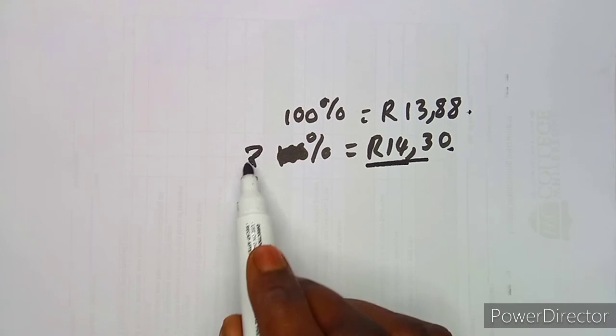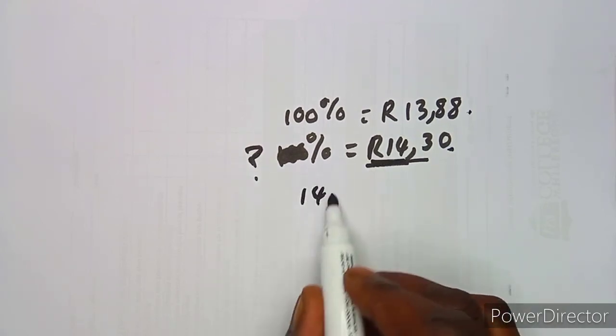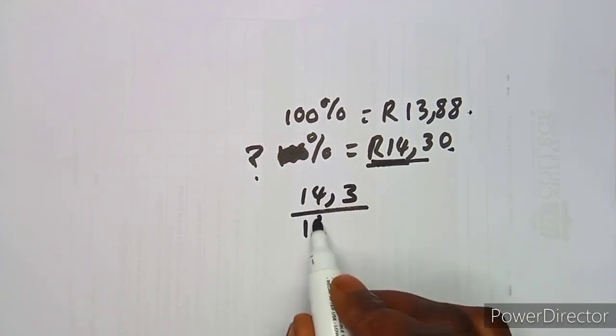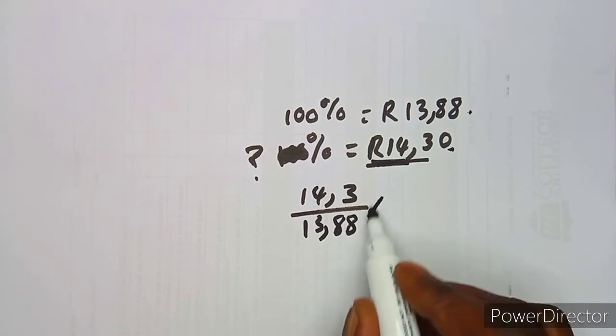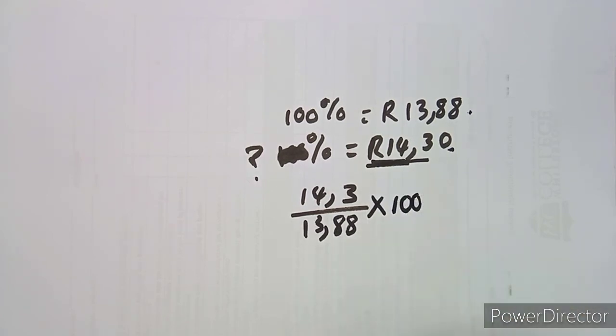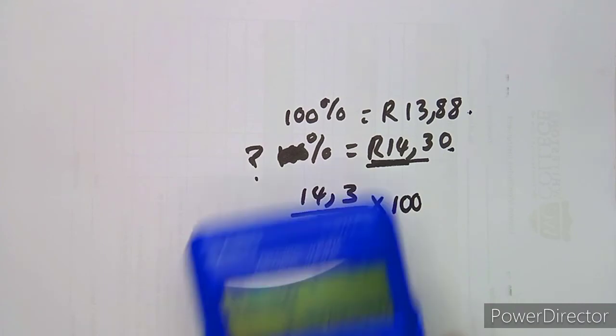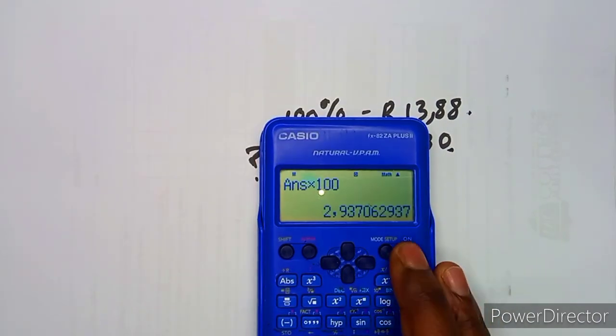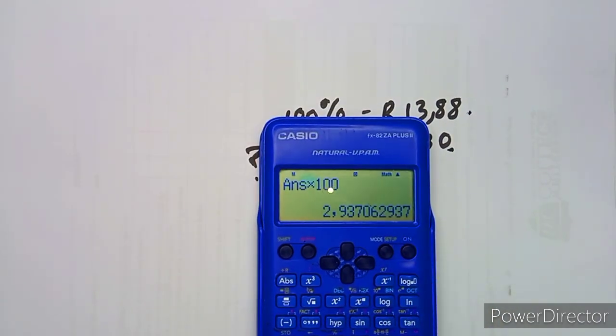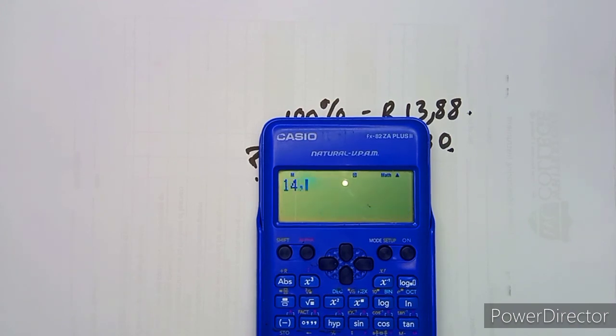So we want to know the percentage at this amount. So it's going to be 14.3 divided by 13.88, remember it's 13.88, like this, then you multiply by 100%.